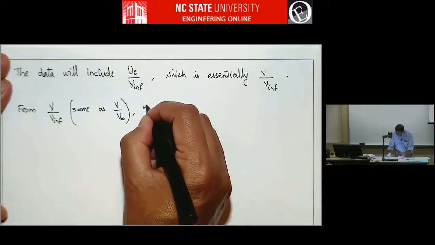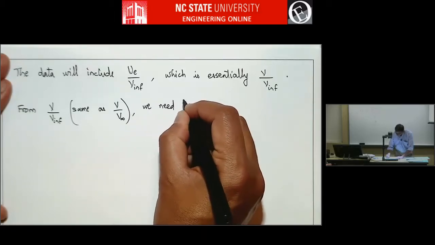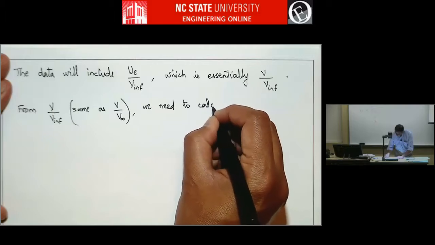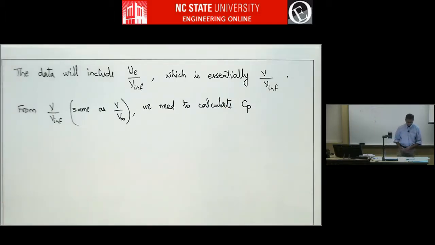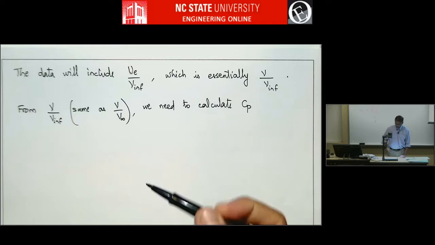From this, we need to calculate the CP. So on all the points on the airfoil, you'll have V over V infinity or UE over V inf, from which you can calculate CP.